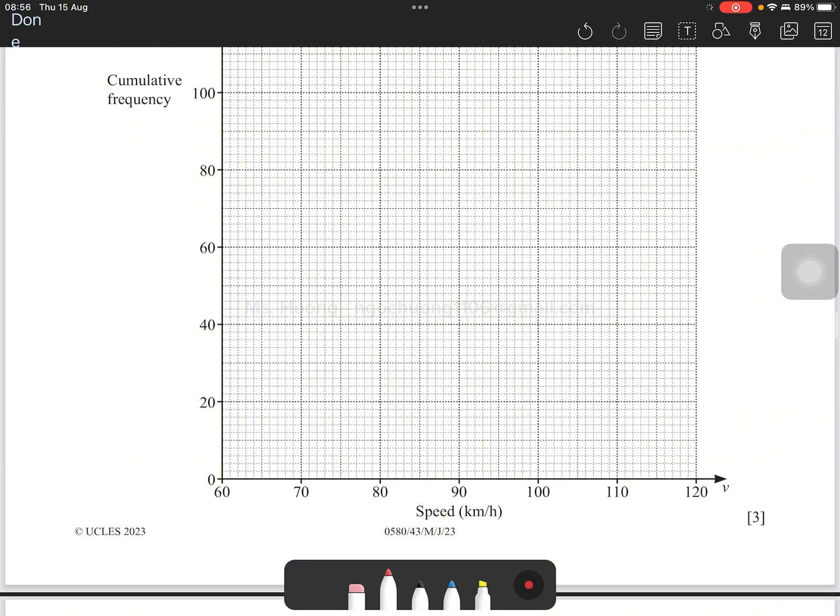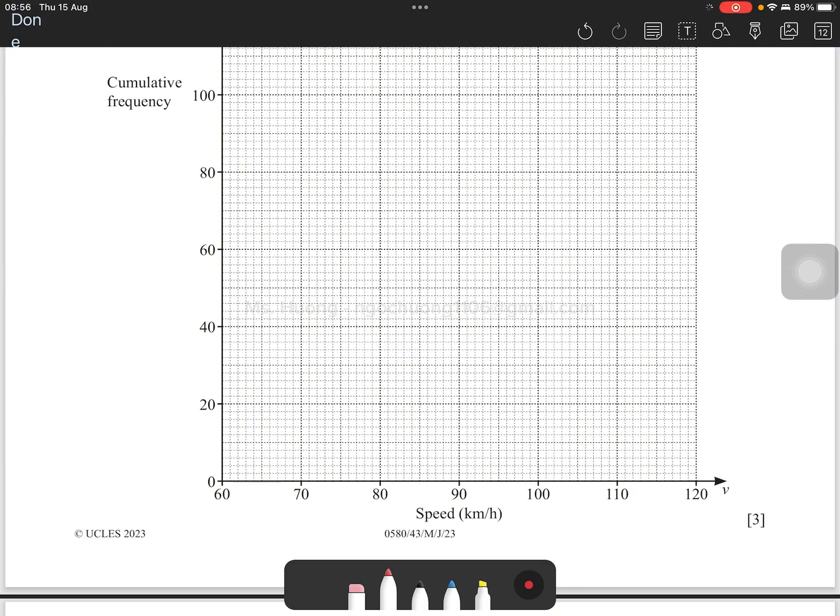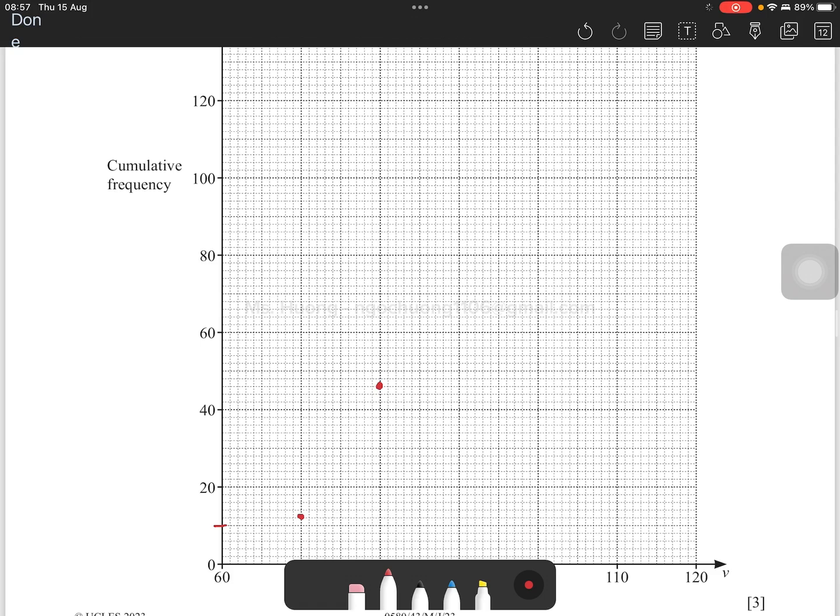Let's start from the first point, (70, 12). This is 10, so (70, 12) is here. Next, (80, 46), here it is. Then (90, 115), here it is.